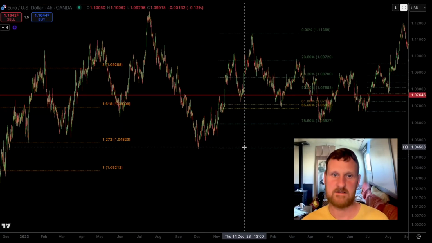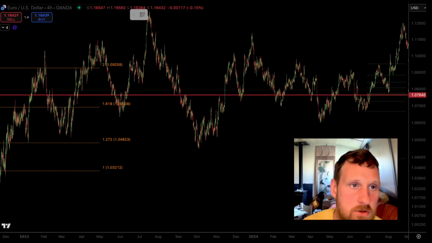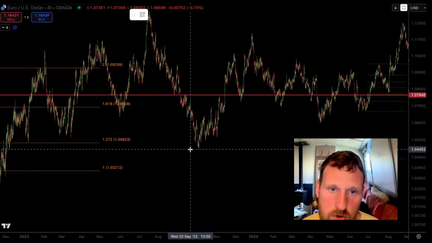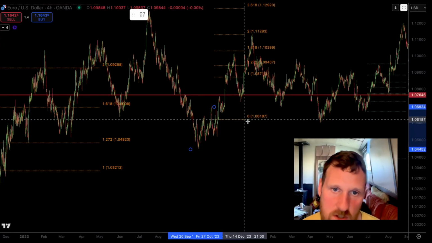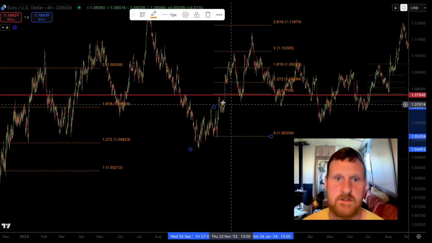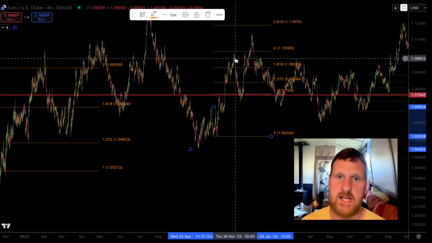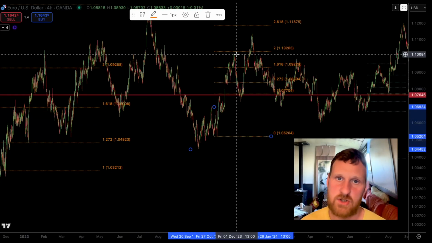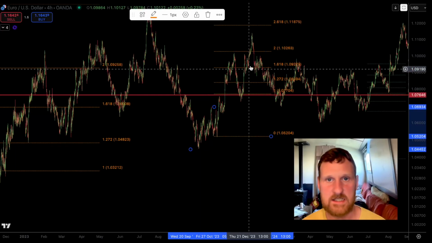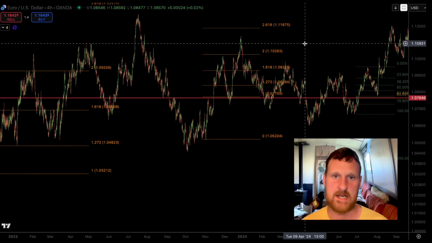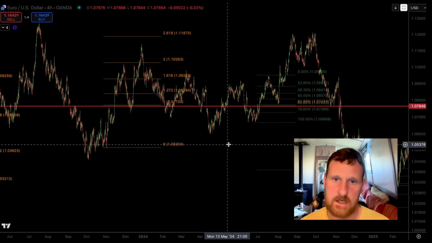Let's get rid of that so we can demonstrate the tool. Extension tool, we've got another one. Trend bottom, trend top, pullback levels. This one hits the number 2 level almost exactly and nearly extends to the 2.618 there.